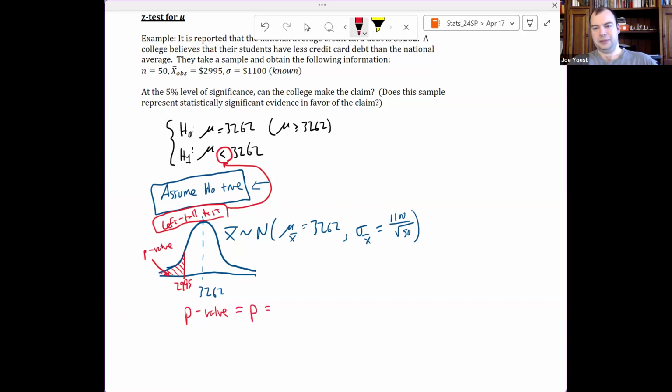The p-value, or often we just write p, is the probability of making a type 1 error if we reject for this sample.